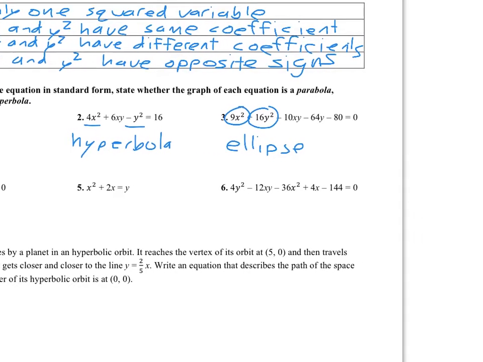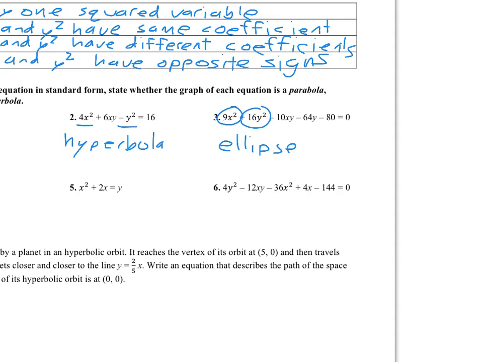Alright, for number 5, notice y is not squared, so this is a parabola. So parabolas, only one of them is squared. For number 6, we have a positive 4y squared and a negative 36x squared. One's positive, one's negative, so this is a hyperbola.